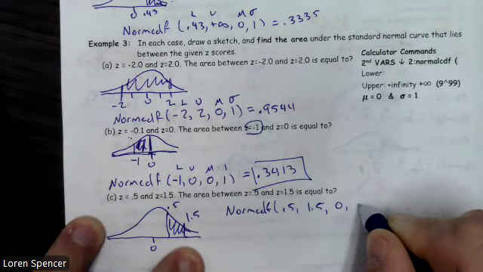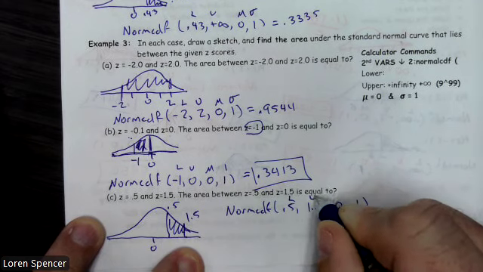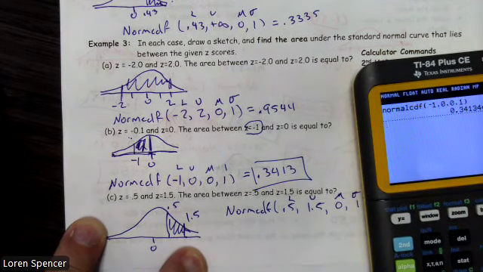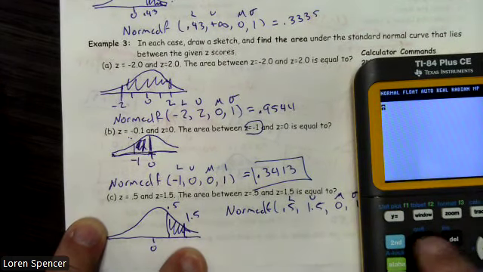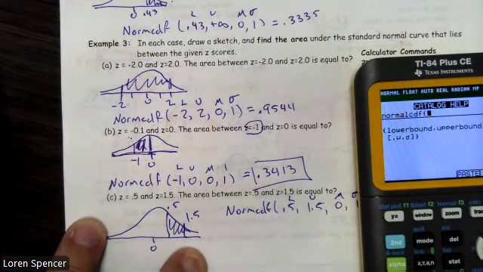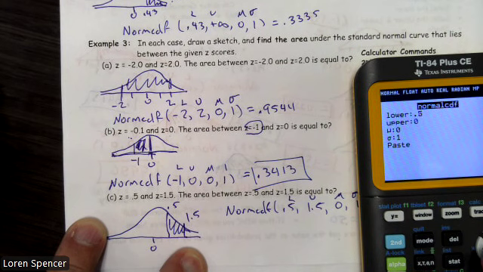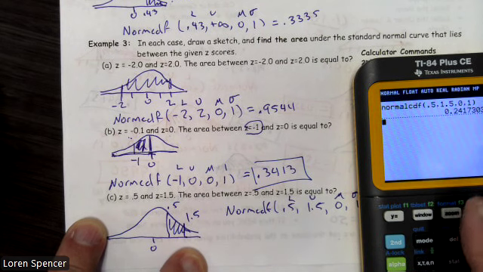Z-scores all have a mean of 0, standard deviation of 1. So lower, upper, mean, standard deviation. Second var's normal CDF, lower 0.5, upper 1.5. And we end up with about 24%.